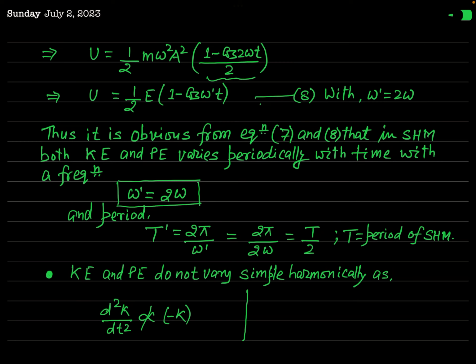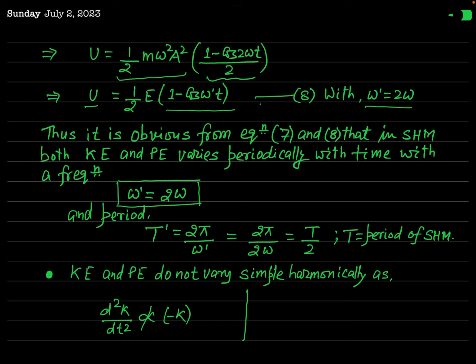So U can be written as half m omega square a square times 1 minus cos 2 omega t over 2. And again, in place of half m omega square a square, you can write E. So the expression for the potential energy of the oscillator is 1 over 2 E times 1 minus cos omega prime t. Here omega prime has been again written for 2 omega.